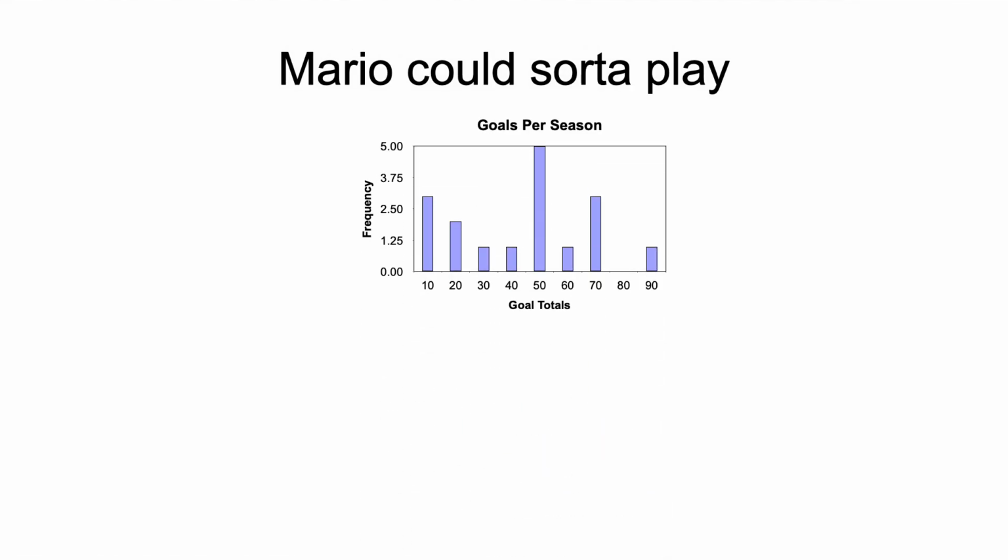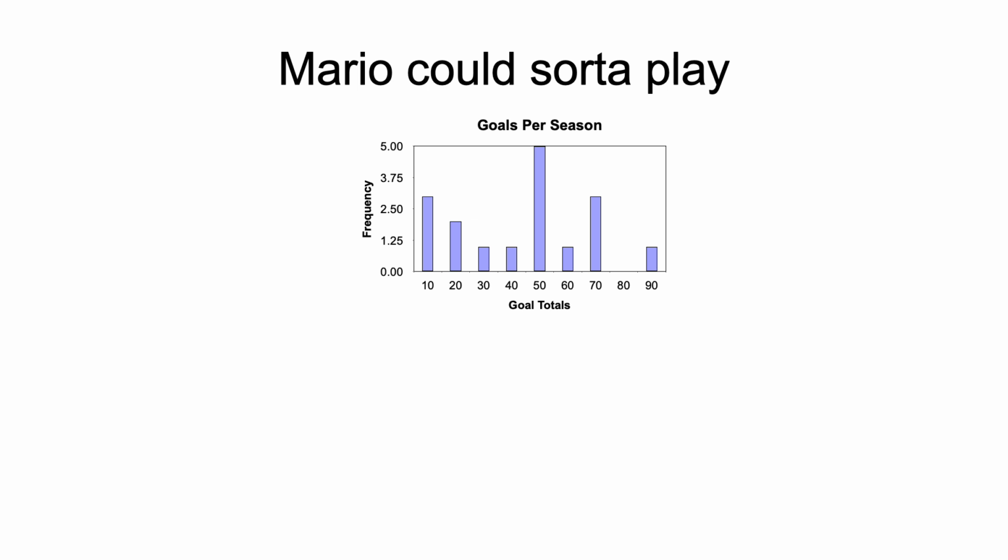So, again, I just told a piece of software to make a histogram. I didn't tell it what the interval should be. I had it pick them. So basically this is 65 to 75, 75 to 85, 85 to 95. That's why that one is there at 90, because he did score 85 goals one year, and the limit is 85 to 94, rather.